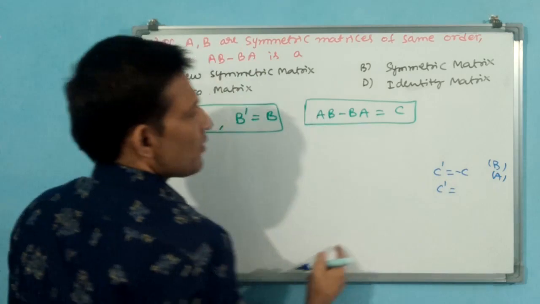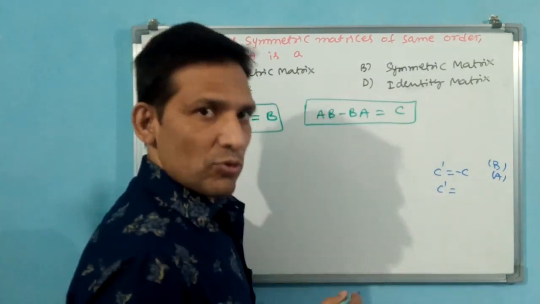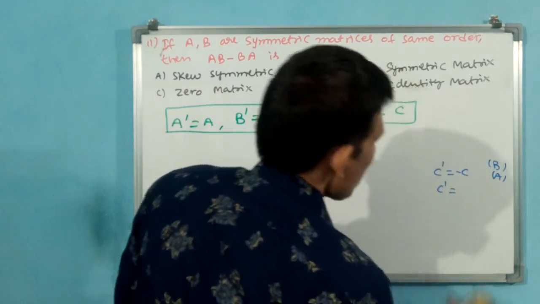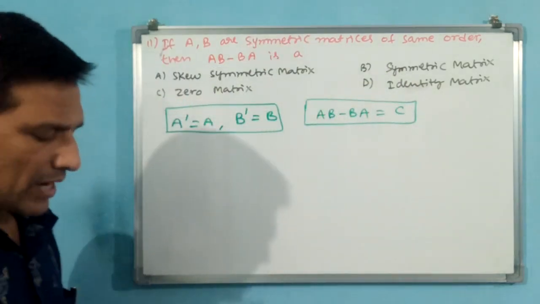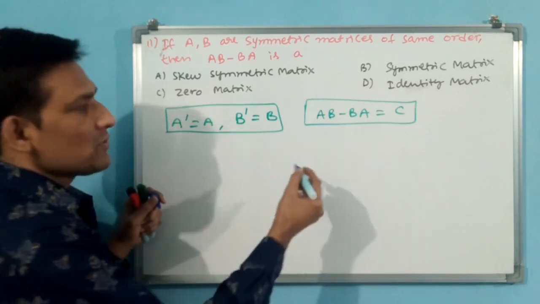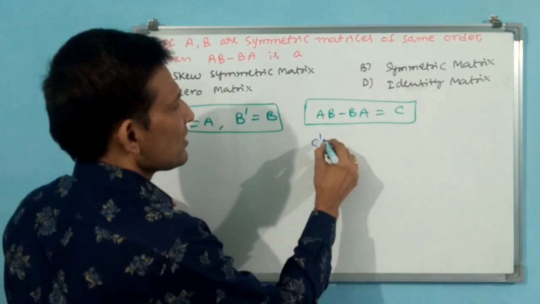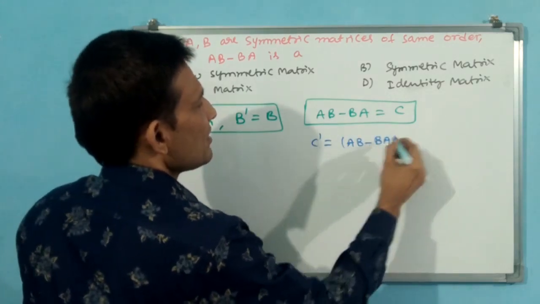If C transpose is some other thing, zero matrix or identity matrix, let us see whether those come or not. Now we have to find what C transpose is going to be. Unless we do the transpose, we cannot get the answer. Let us transpose. C transpose is equal to AB minus BA whole transpose.